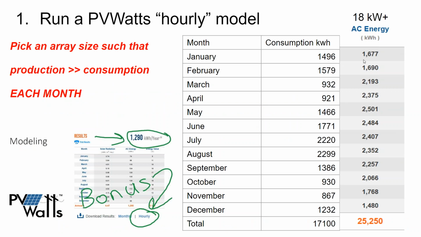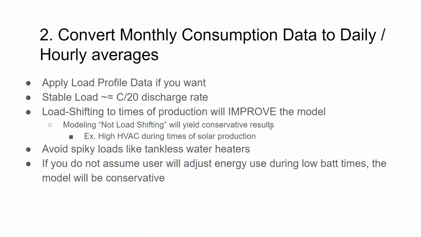So what we do is we run our PV Watts model, and we've kind of matched our array so that our array size offsets our winter and summer production on a month-to-month basis. And that will pretty much guarantee us that the solar array will fill the battery back up on a day-to-day basis, except for storm cycles, which is really what we need the larger battery sizing for.